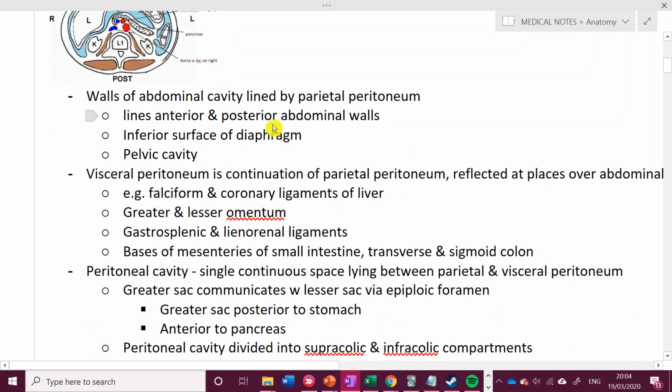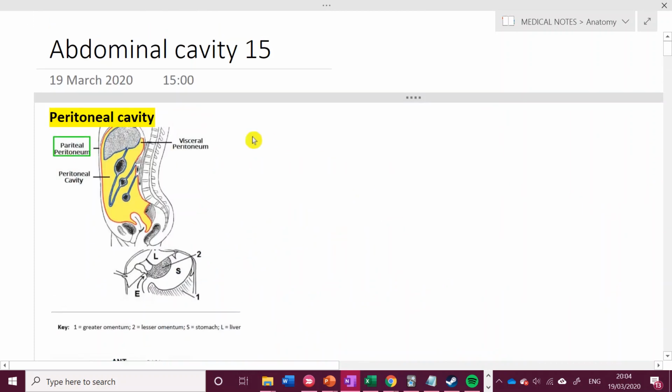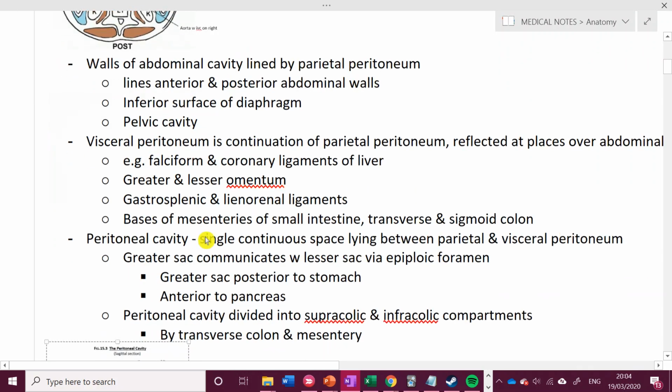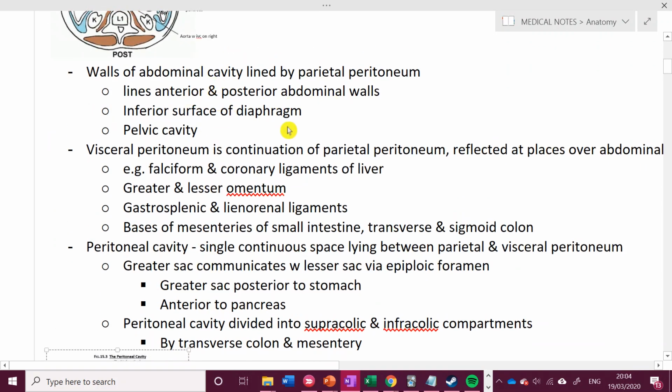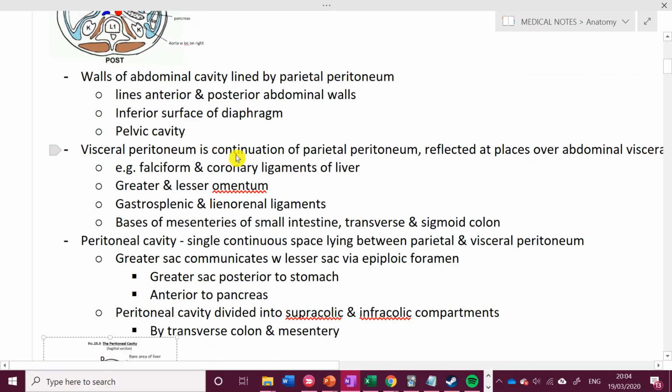So as I said, the walls of the abdominal cavity are lined by the parietal peritoneum, which lines the anterior and posterior abdominal walls and the inferior surface of the diaphragm as well, and the pelvic cavity.